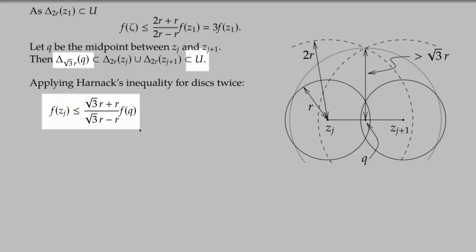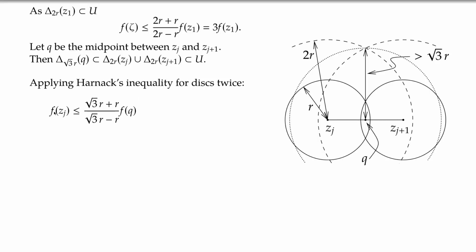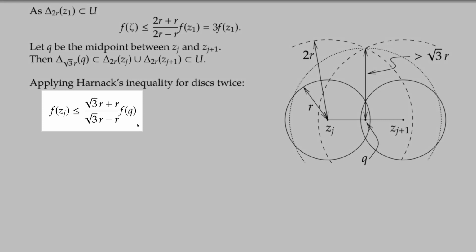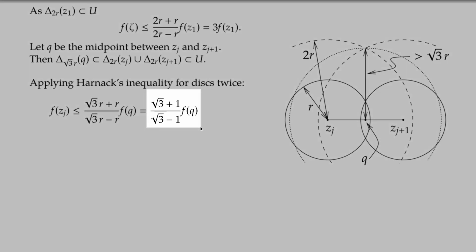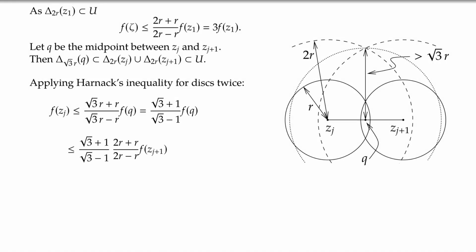So first we apply it for this disk, and we get a bound for f at zj in terms of f at q, which we now can cancel the r. We get some fixed constant over here. Now we apply it again. Now we apply it with at zj plus 1.